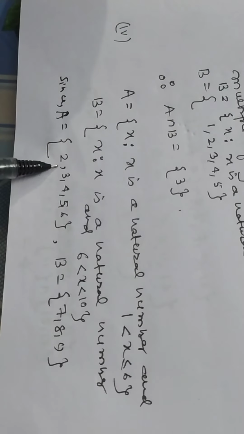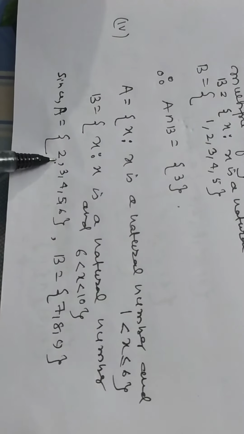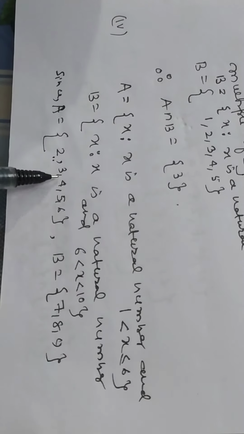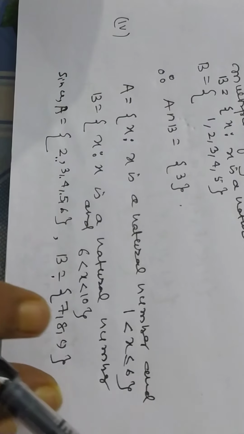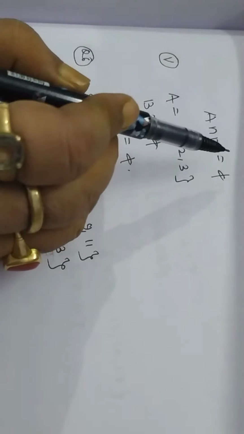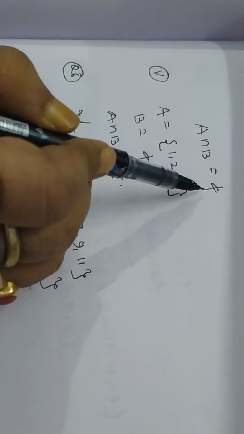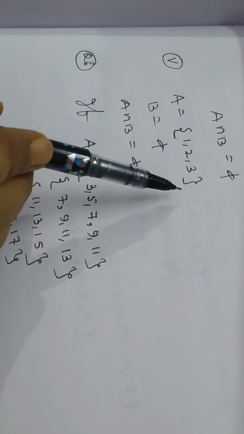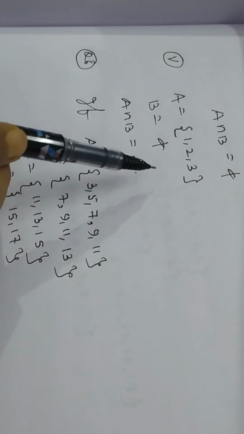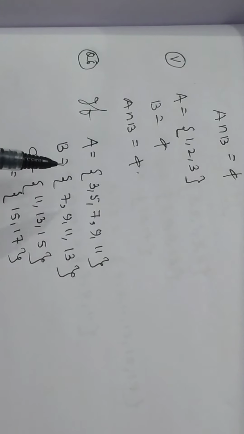Since A is equal to 2, 3, 4, 5, 6 and B is equal to 7, 8, 9, what will be the intersection of these two sets? It is empty. Now, in problem number 5, A is the collection of elements 1, 2, 3. B is 5. So A intersection B is equal to empty.